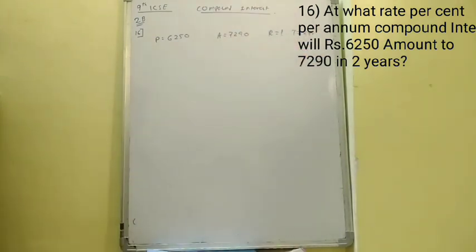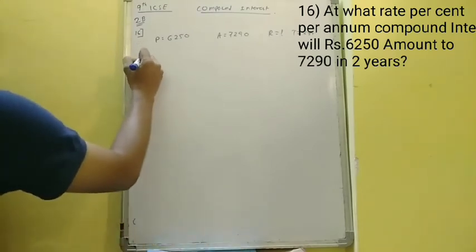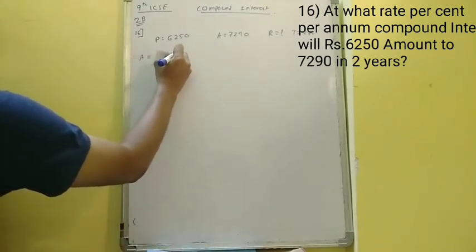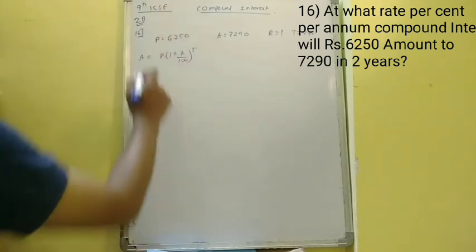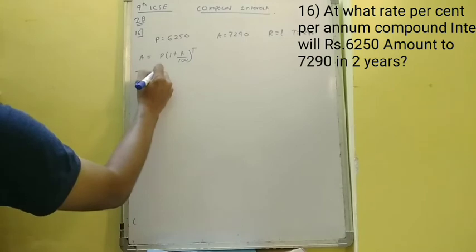Compound interest means it is compounded. So the amount is equal to P into 1 plus R upon 100 raised to T. We know the amount, it is 7290.